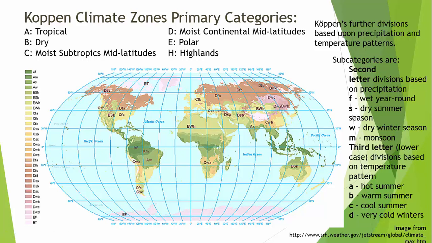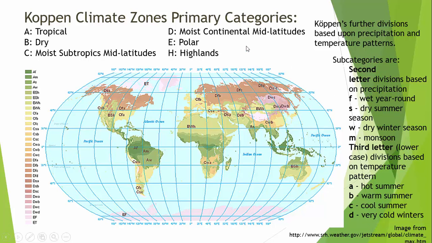There's tropical, dry, moist subtropics, mid-latitudes, the moist continental mid-latitudes, polar, and then highlands, which sometimes are referred to as alpine regions. And so then within these, there are all these further divisions, subdivisions, within each of these primary categories.